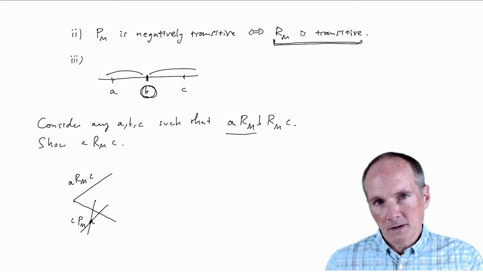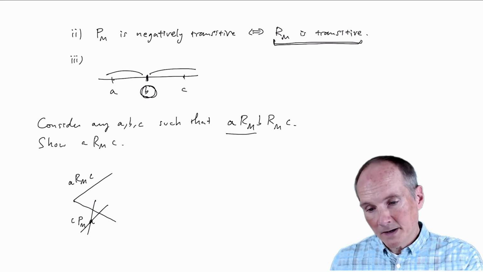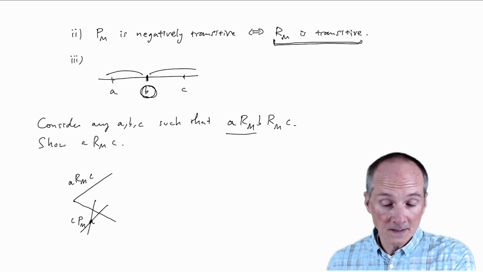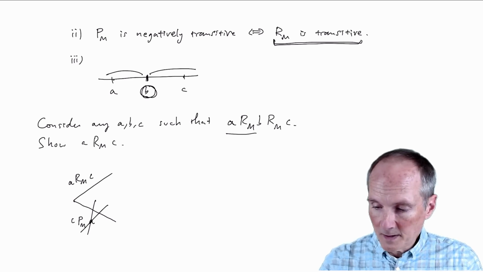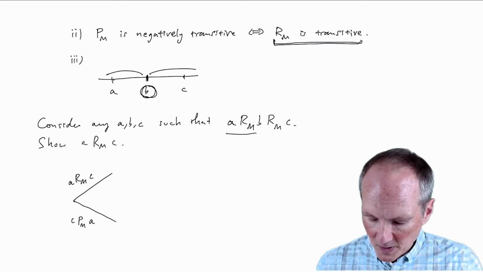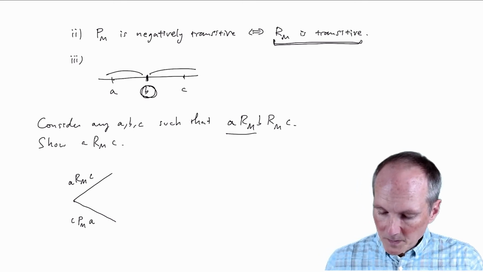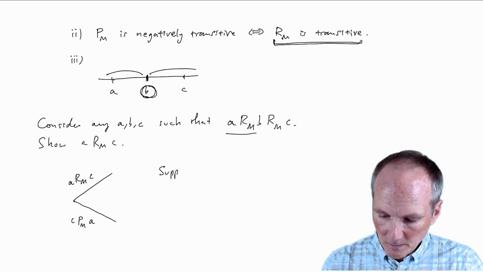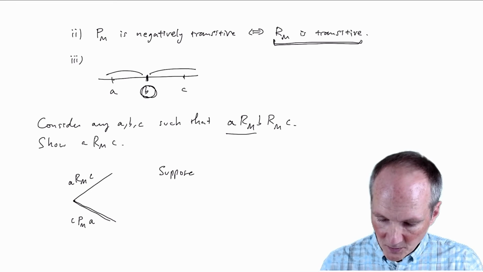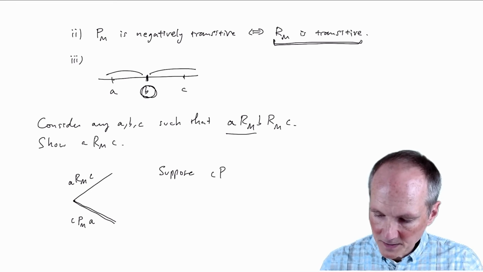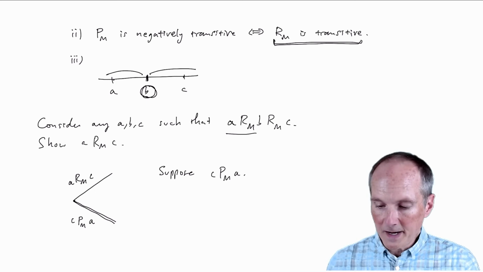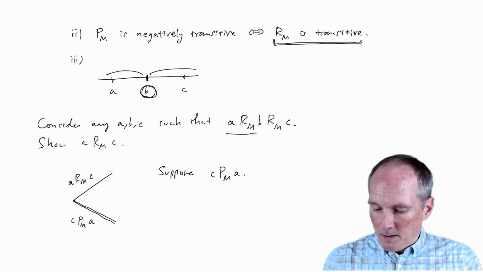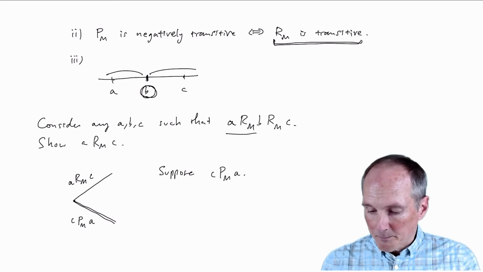I'll suppose that's true, and then I will follow a chain of implications that eventually leads to some inconsistency, which means that branch cannot hold. Okay, so for a proof by contradiction, we'll go down this lower branch and we'll suppose that C is strictly majority preferred to A. C beats A. We'll suppose that.